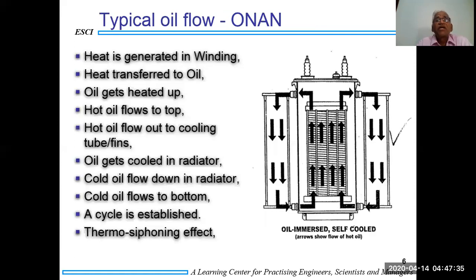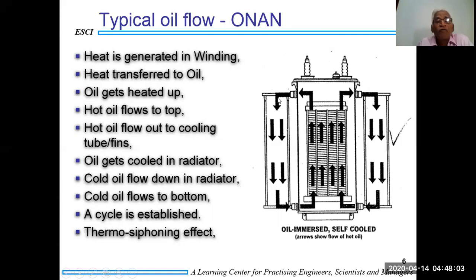Now let us see the typical oil flow for an ONAN transformer. The figure on the right side shows the transformer, and arrows indicate the flow of the oil inside the transformer and outside in the radiators. Heat is generated in the winding. This central portion is the winding, and heat transfers to the oil. The oil gets heated up, and the hot oil flows onto the top.